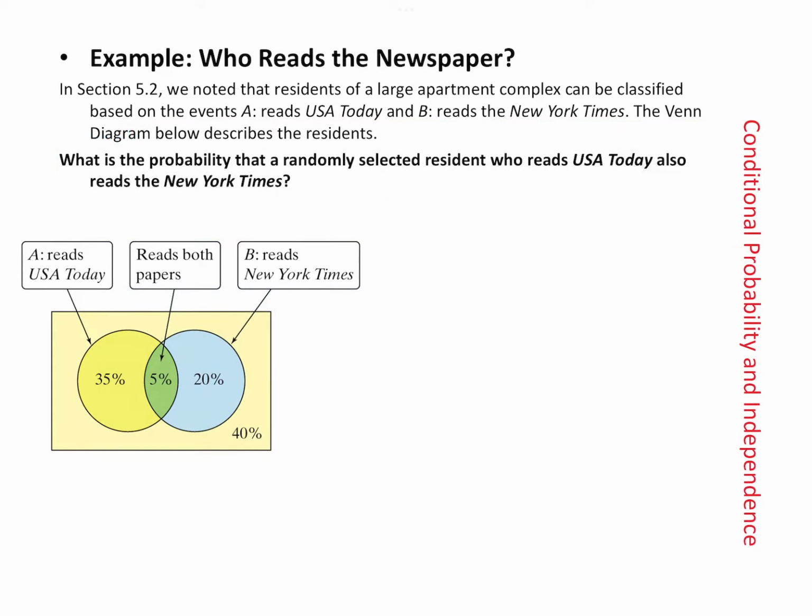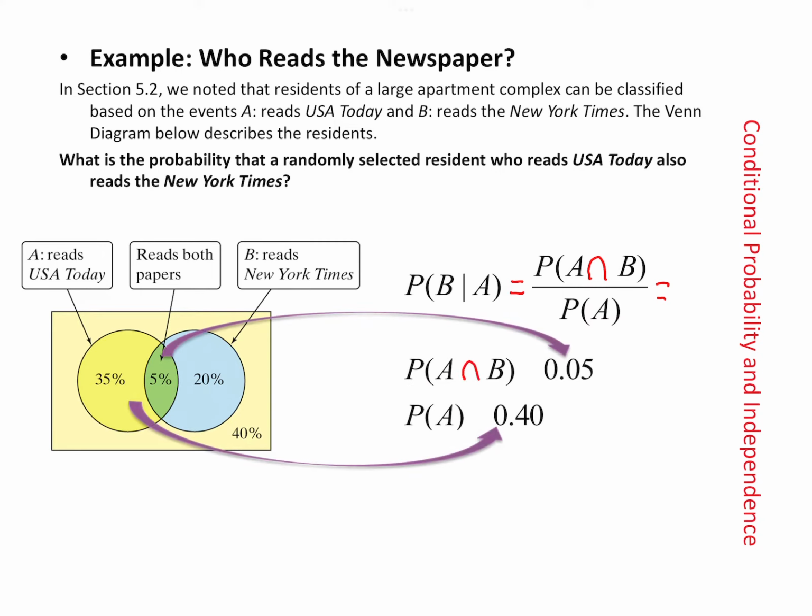What if you're given a Venn diagram and asked for some information? So here I'm looking for the probability that a randomly selected resident who reads USA Today also reads the New York Times. We have all of our information from our Venn diagram. So what we're looking for here is the probability of B given A. Remember our formula is the probability of A and B over the probability of A. So we have to figure out these two probabilities. The probability of A and B is 0.05.